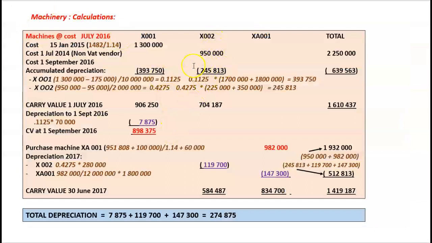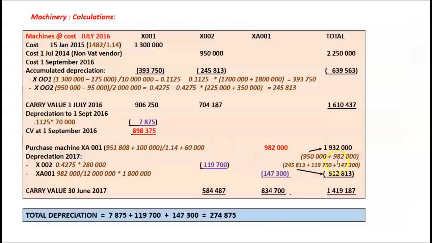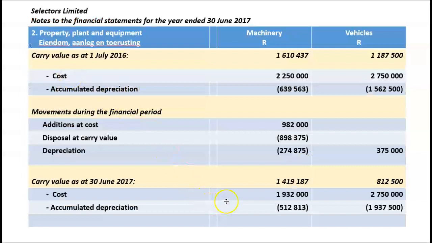Well, X002 would have been the 245,813 plus the current year 119,700 plus the new machine 147,300, and if I add those three together, that then will give us total accumulated depreciation of 512,813. We have written it, the 245,813 plus the 119,700 plus the 147,300 will give us 512,813.